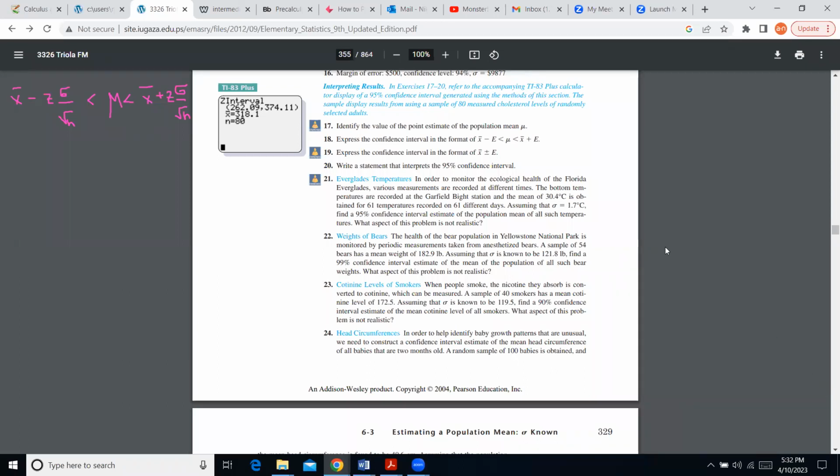Let's say 23, the level of cotinine. Whatever it is, we can find the average level of that nice stuff that comes from cigarettes. In exercise number 23, we consider a sample of size 40. 40 people were studied, and the average level was 172.5.